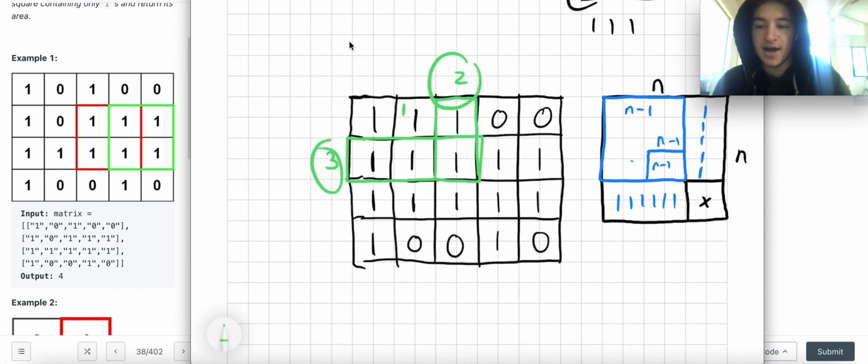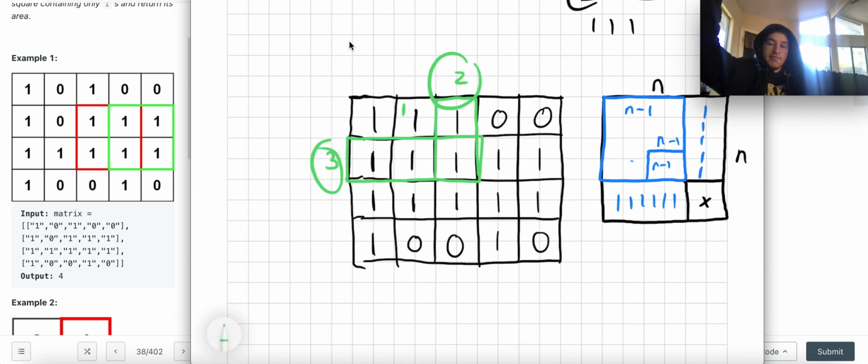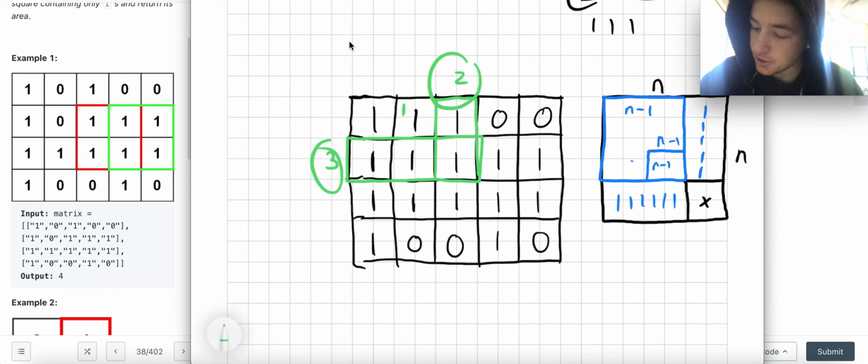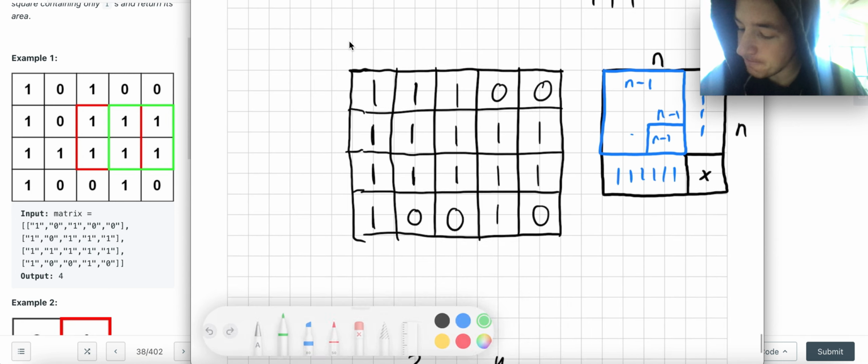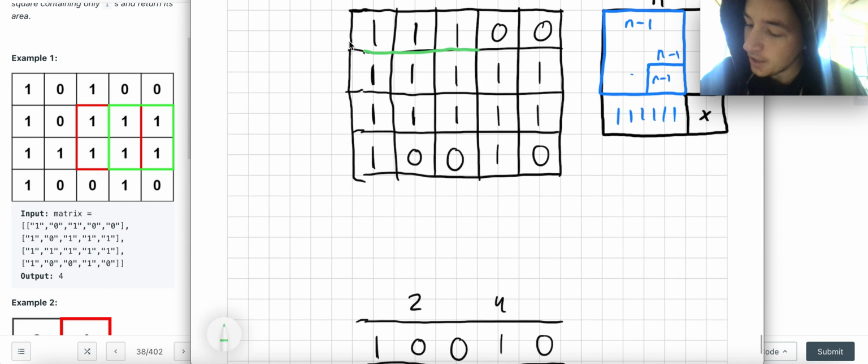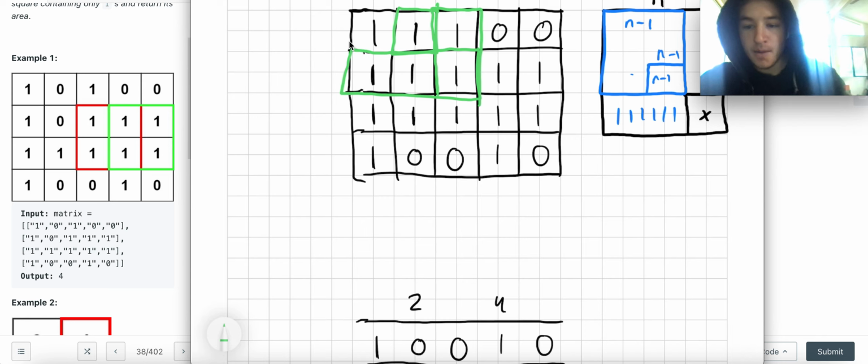If I have 3 to the left and 2 above, the biggest square I can make is a 2 by 2 square, because I don't have a third cell here to fill out. So really the square in this position has to be the min of the number of 1s I have going left, the number of 1s I have above me, and the largest square in my upper left position, plus 1.